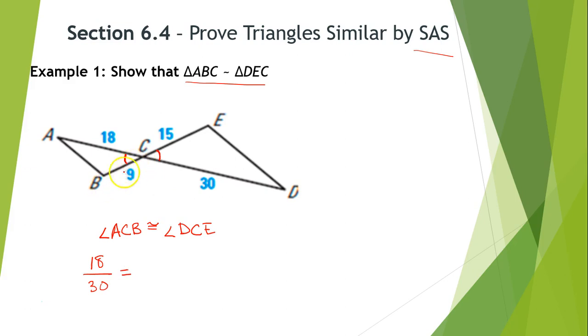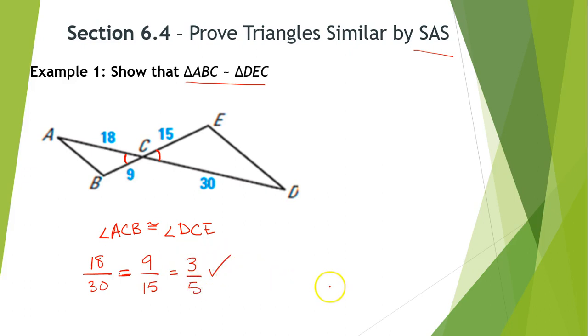And then the shorter side right here, compare it to the shorter side over on this triangle. Just the same, so 9 over 15. Now reduce this fraction and then this fraction and see if they're equal to each other. If it's true, then we have similar triangles. So 18 over 30 and 9 over 15, they both reduce to 3 over 5.